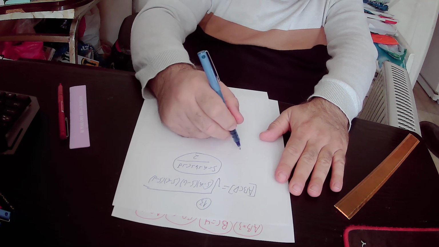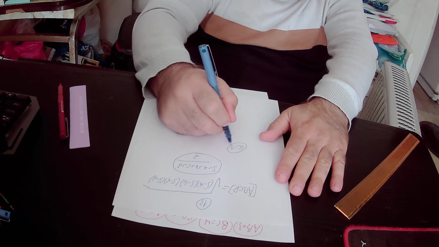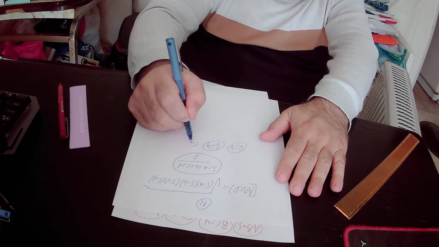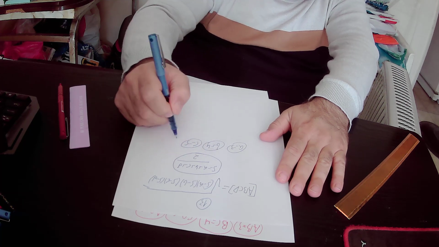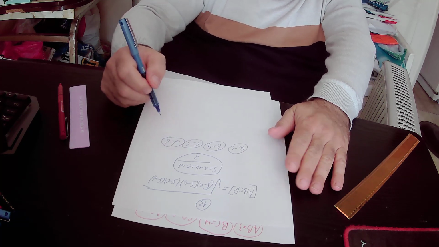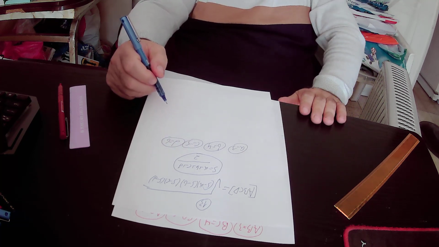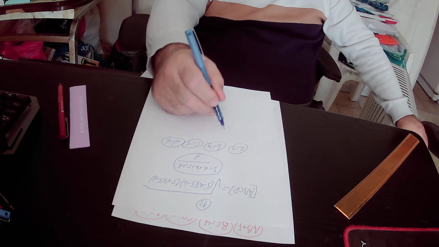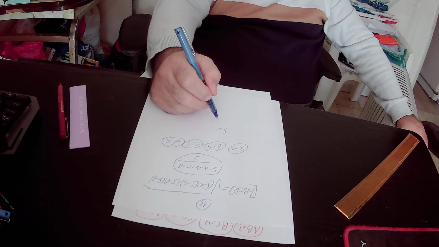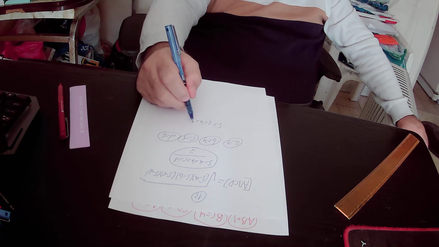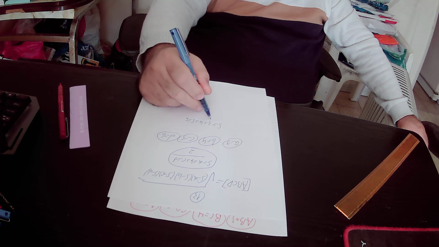But we know that A equals 3 units, B equals 4 units, C equals 5 units, and D equals 6 units. So according to this data, we will find that S equals (A plus B plus C plus D) over 2, which is (3 + 4 + 5 + 6) over 2.